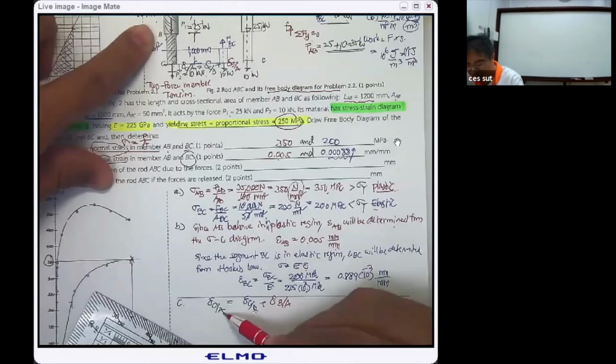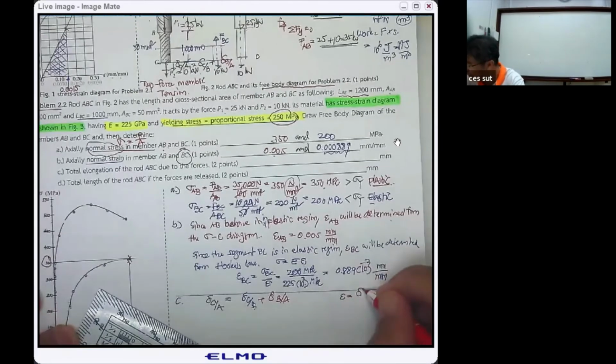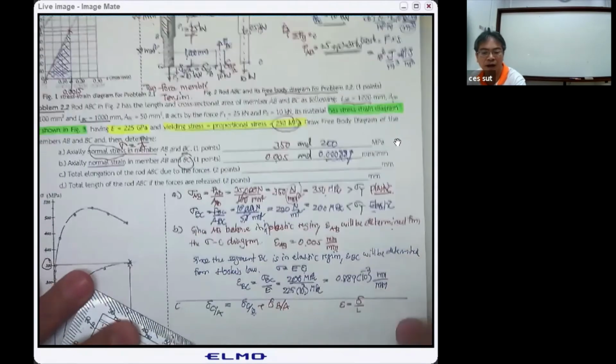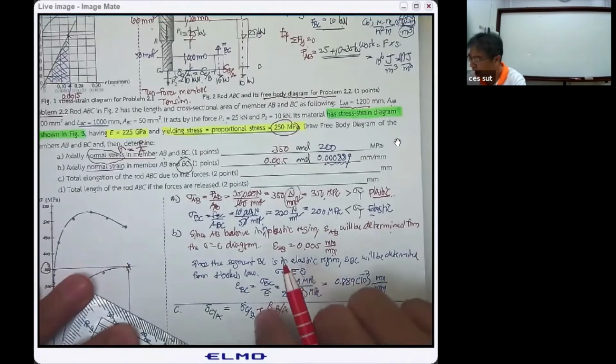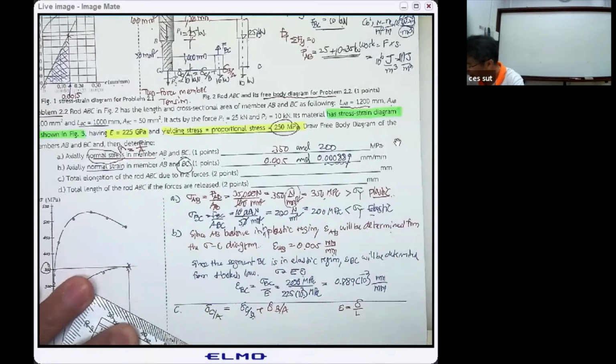And then you can see that we have the strain equal to the deformation divided by the length. Based upon this, we have the delta equal to strain times the length.